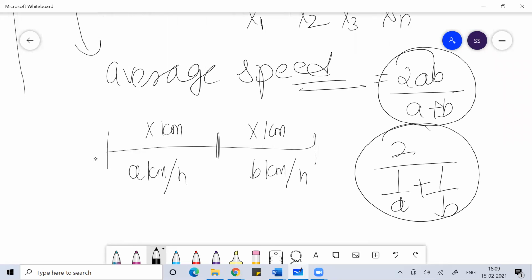When I say average speed, don't use the formula a plus b by 2. Here you need to understand the average speed formula is total distance covered divided by total time taken. In case the distance is the same, we can directly get the answer using harmonic mean. So remember this.